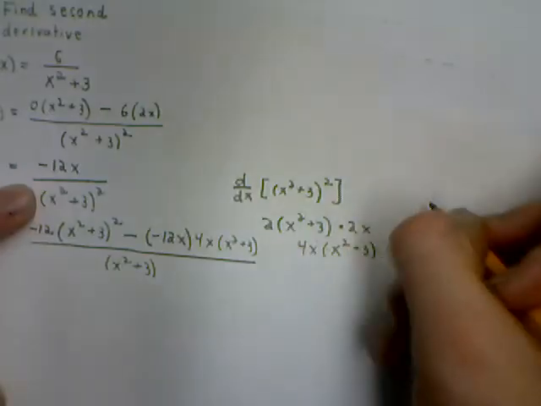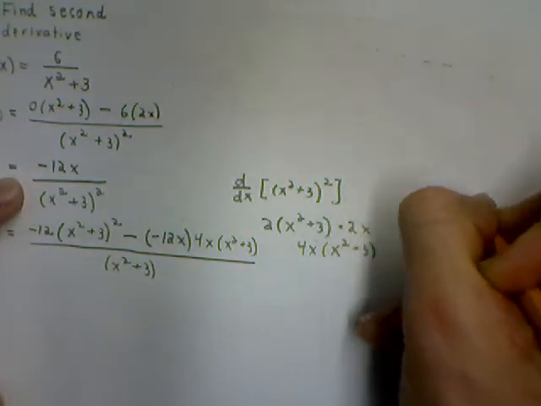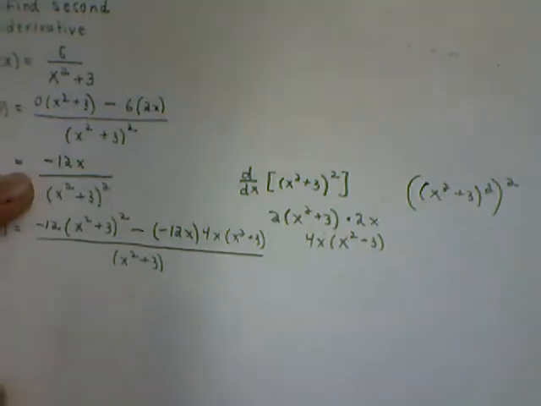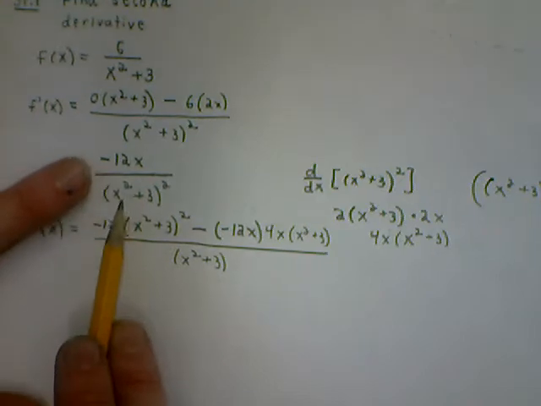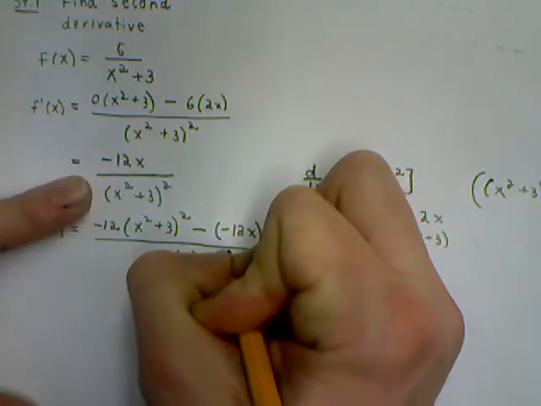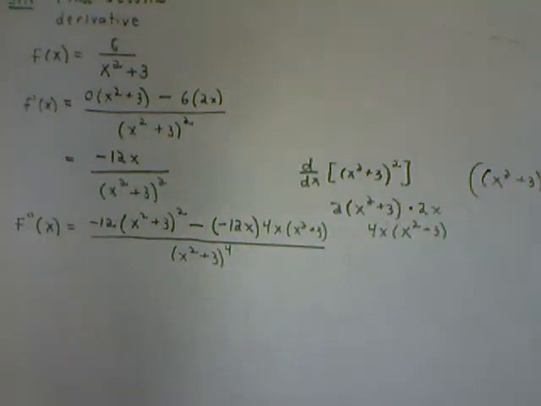When I do x squared plus 3 squared squared, because that's what was in the previous problem, I'm going to have x squared plus 3 to the 4th power. Now from here, this looks a little bit messy.